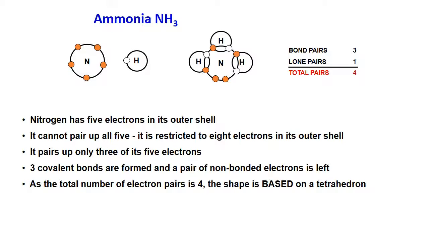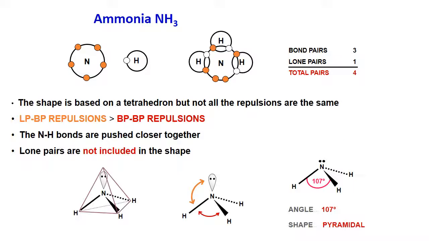Whereas ammonia, because it has that lone pair on top, has a little bit more repulsion. The total number of electron pairs is 4 based on the tetrahedron, which we look at in methane, but because of the slightly more repulsion of the lone pair, it's going to be pyramidal, slightly less than 109.5, about 107.